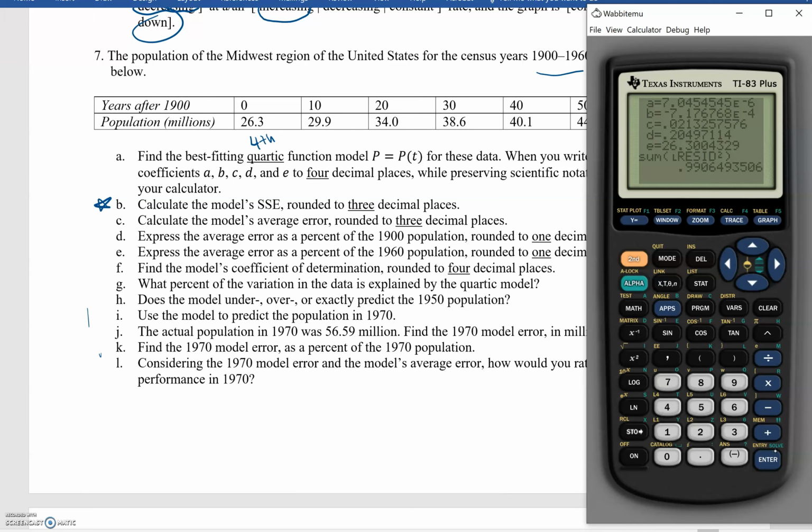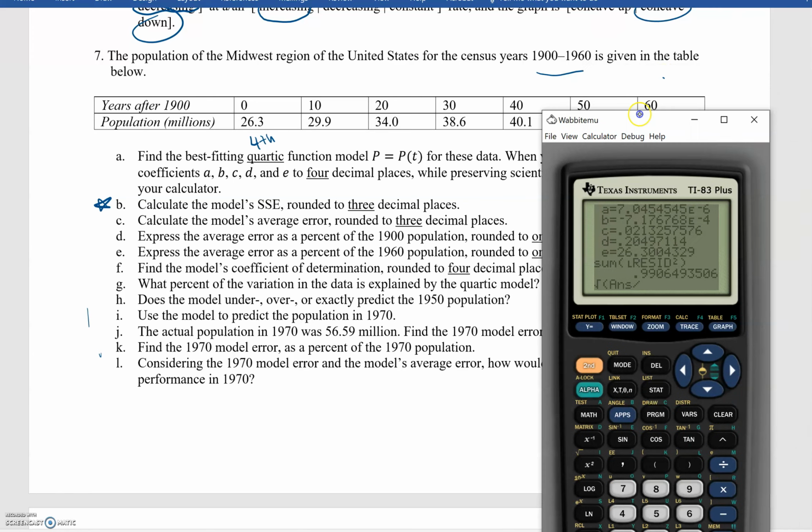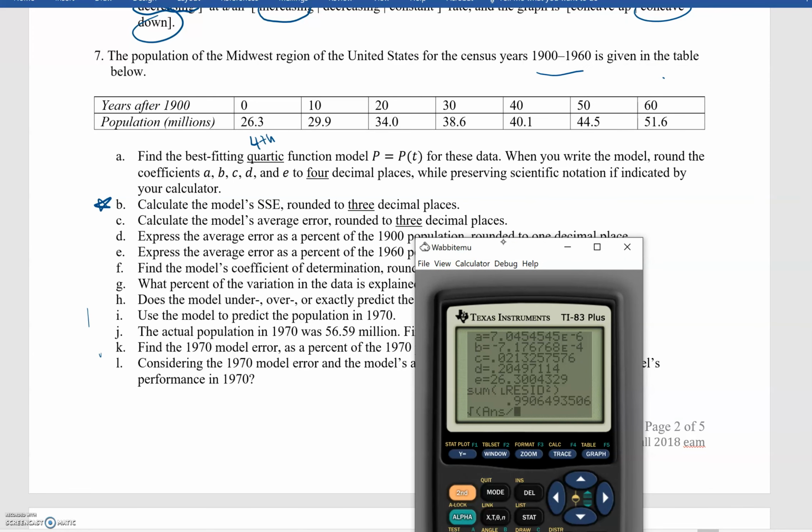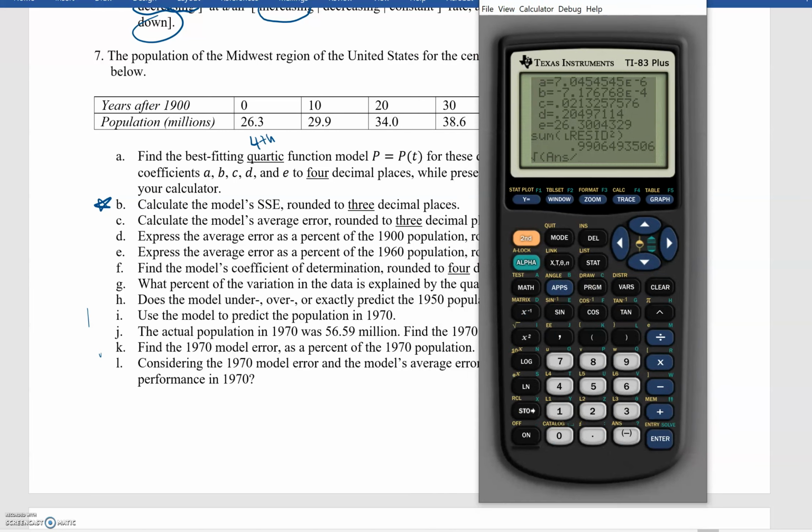And then our average error will be the square root of the SSE divided by the number of data points, which is 1, 2, 3, 4, 5, 6, 7 data points. So that's our average error, 0.3762.